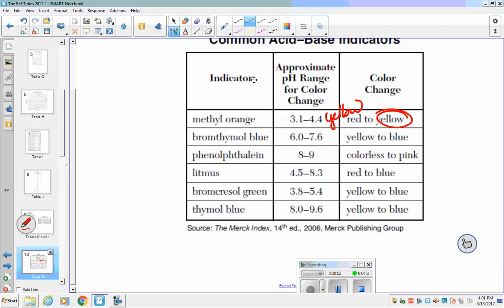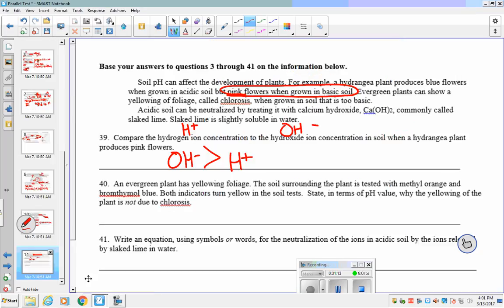And we're also looking at bromothymol blue, which is going to be yellow as well. So this tells us our pH has to be at least probably 3.1 at the very lowest. So our pH has to be at least like maybe 4, but it could actually be anything up to and around 6. So that really tells me my pH is somewhere hovering around that 4 to 6 range based on using table M.